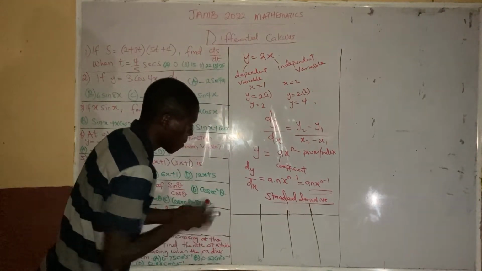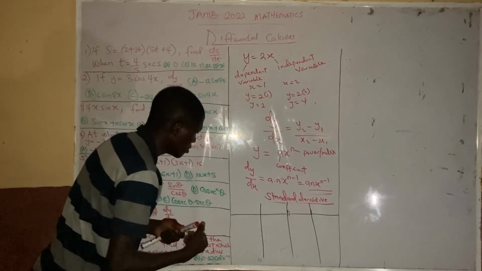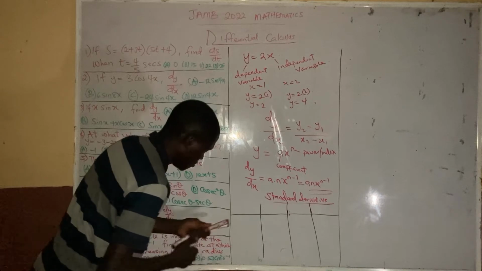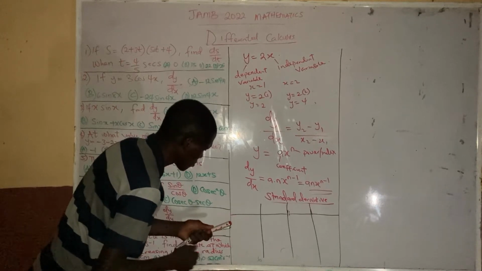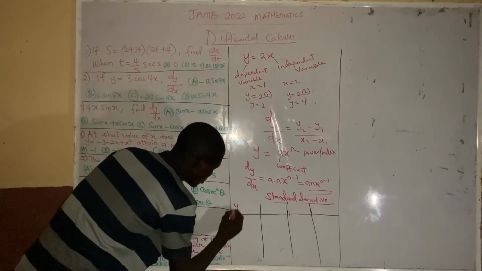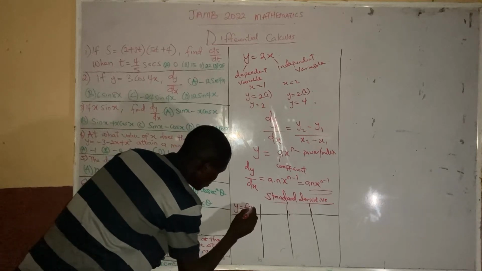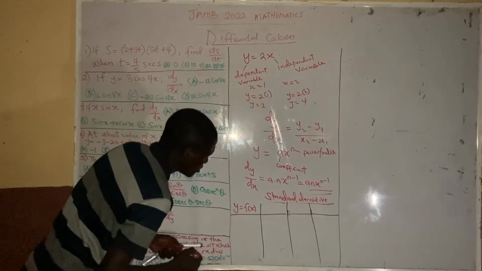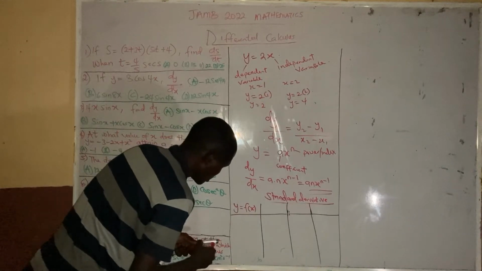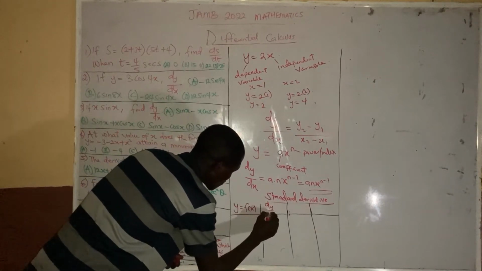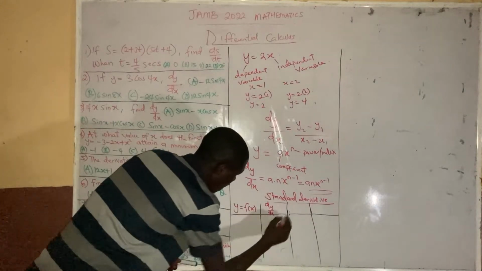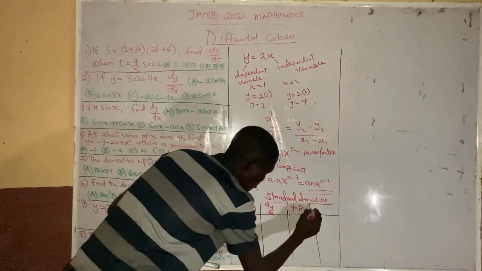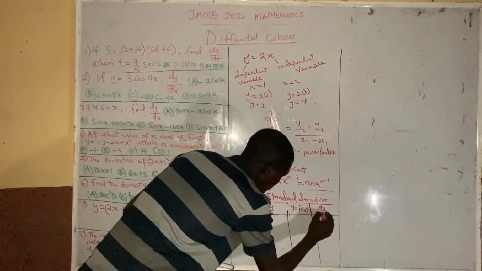So we have a function f equal to function of x, then the derivative.